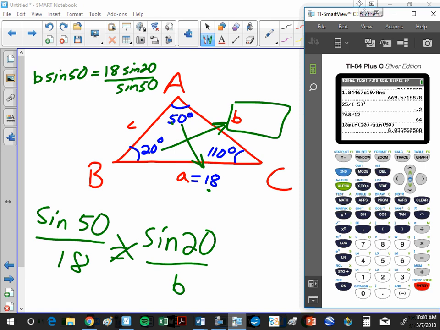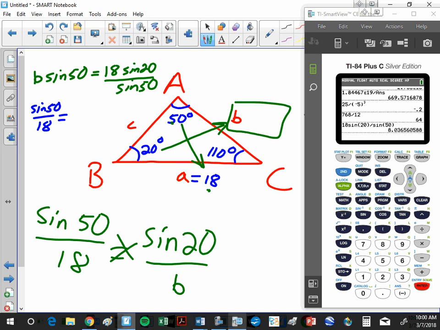How would I find little c? Sine 50 over 18 equals, does it matter? It doesn't, but A is actually a little bit easier. How come? Because B is a big long decimal. So I would prefer little a, because I don't want to type in all of that stuff for little b.